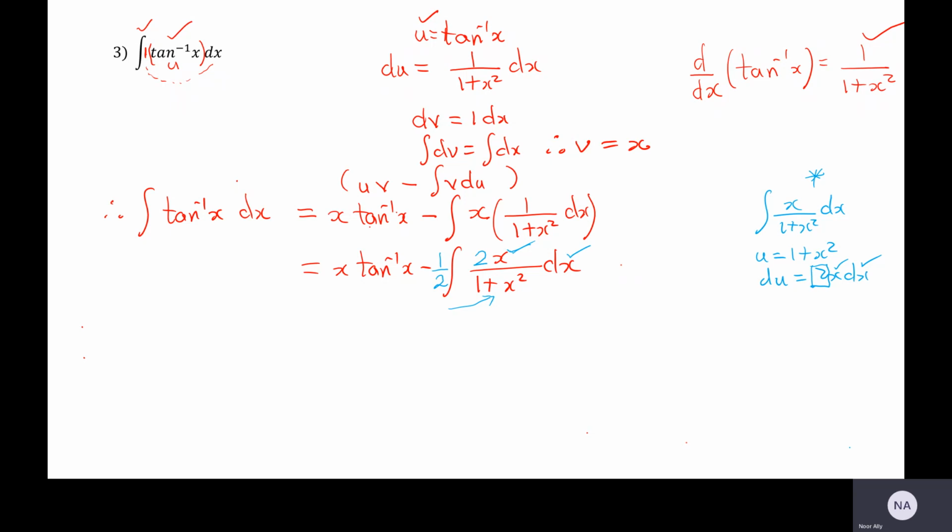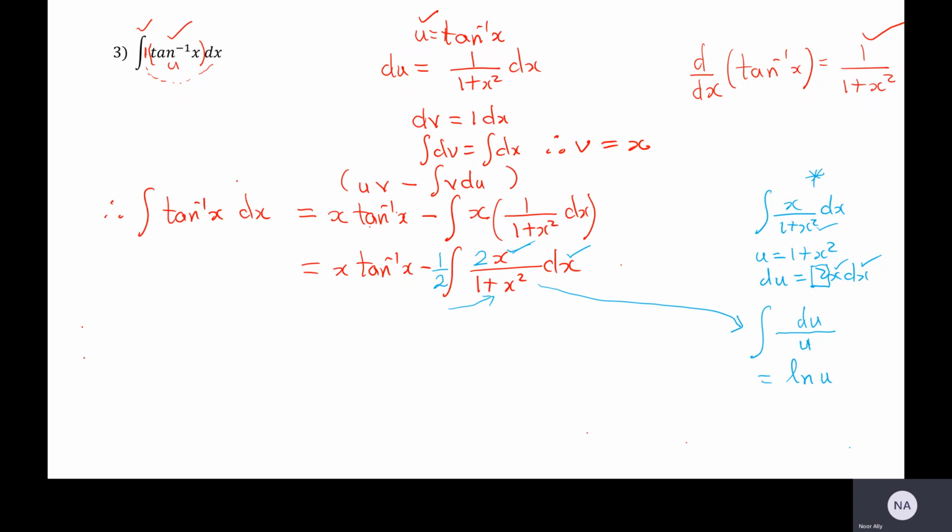Now, why would I do this? Because look carefully now. That integral now becomes, if I let 1 plus x squared equal u there, that will be u, and 2x dx is du. And that integral is a standard integral that's simply equal to ln of u.